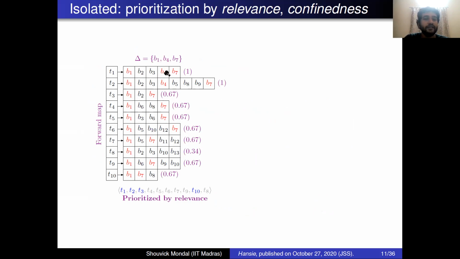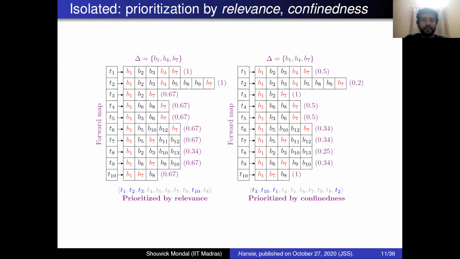The red highlighted basic blocks are the affected basic blocks. And on the right-hand side, we have the numbers in parentheses as the relevance score. Note in particular, these test cases highlighted in blue in the sequence will be our test cases of interest.